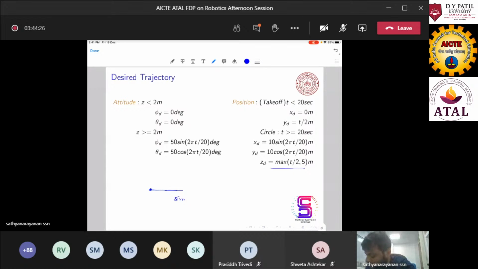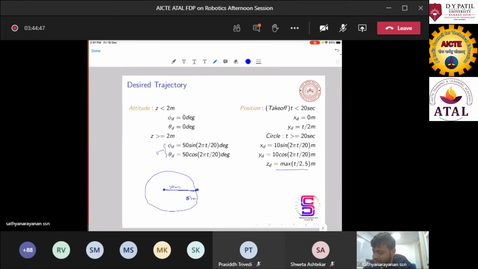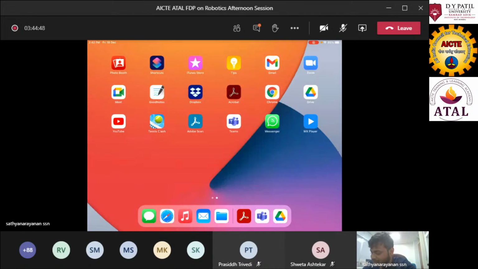And in y, you are just moving till a 10-meter radius. Once you reach the 10-meter radius, you start to circle with sinusoidally varying phi d and theta d. This trajectory has been tested on the hardware in the loop simulator, which I'm going to show now.